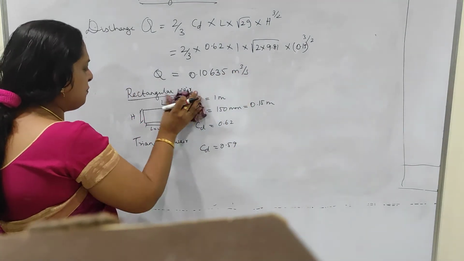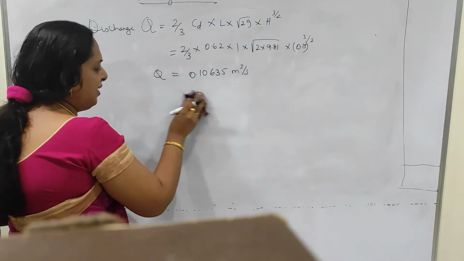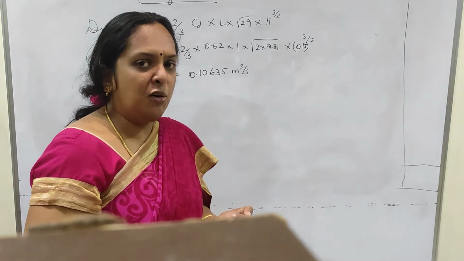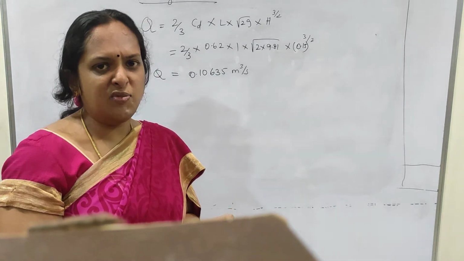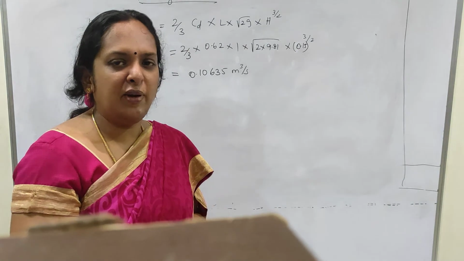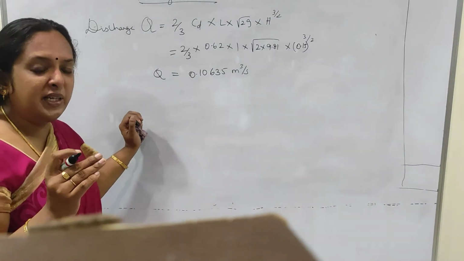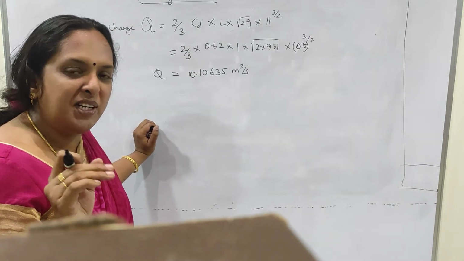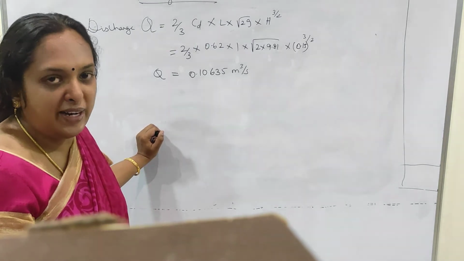Though we say the expression for rectangular weir and rectangular notch is the same, there is a difference between a notch and a weir. We have seen that. A notch is made up of a metallic plate, but a weir is made up of masonry structures. Second, a notch is smaller compared to a weir. And if we want to find the discharge for very low discharge, it is very easy in a triangular weir compared to a rectangular weir.